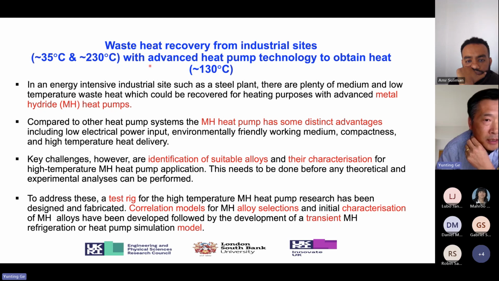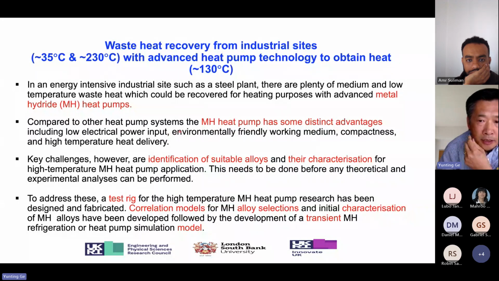So if you use a heat pump system to produce heat output with temperature about 130, this heat output can be used for the heat network. We utilize the metal hydride heat pump instead of the electric heat pump or absorption heat pump.